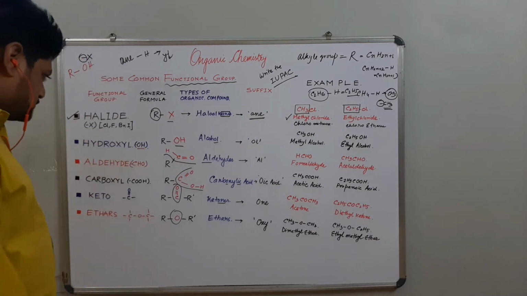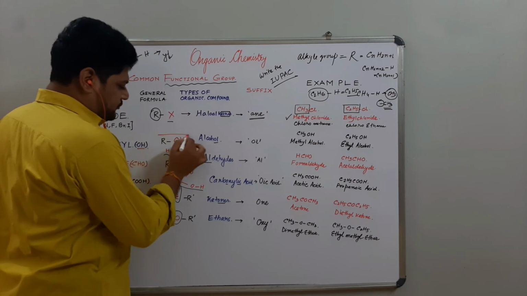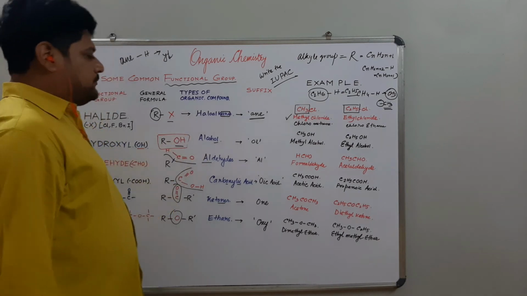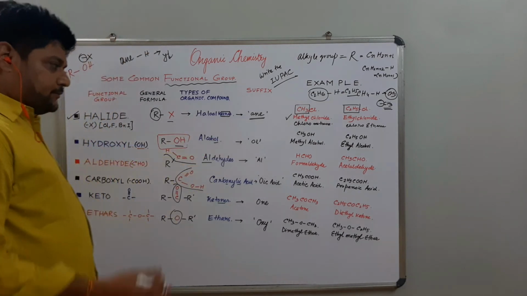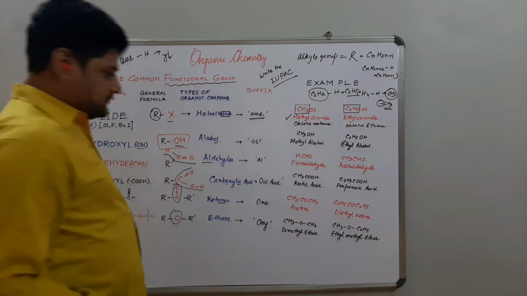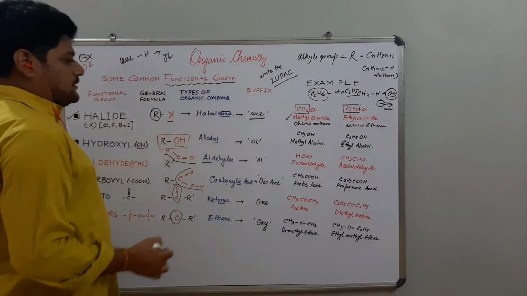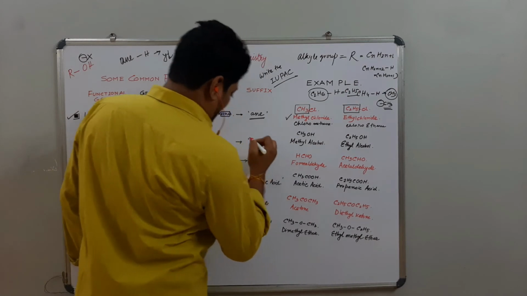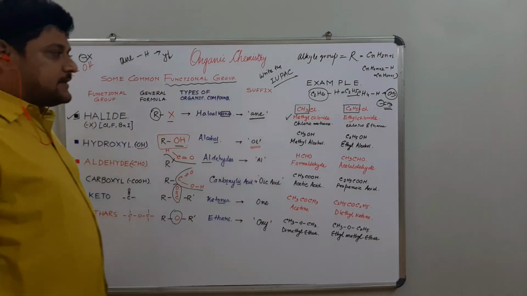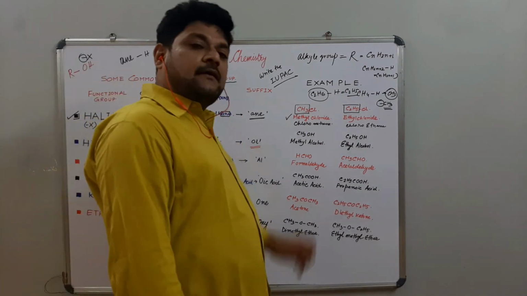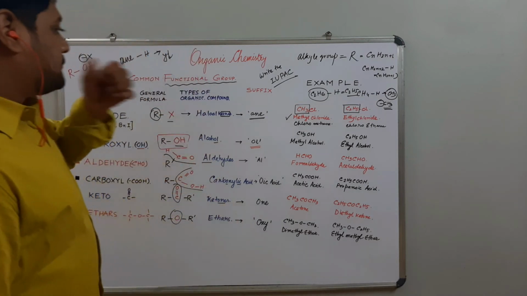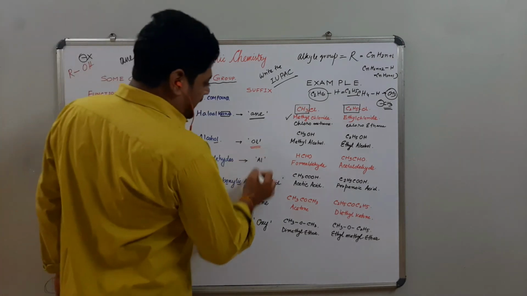So if OH is associated with an alkyl group, it becomes alcohol. Okay, alcohol. So for alcohol the suffix is OL. If we write the name of the alcohol, we have to write the suffix as OL.